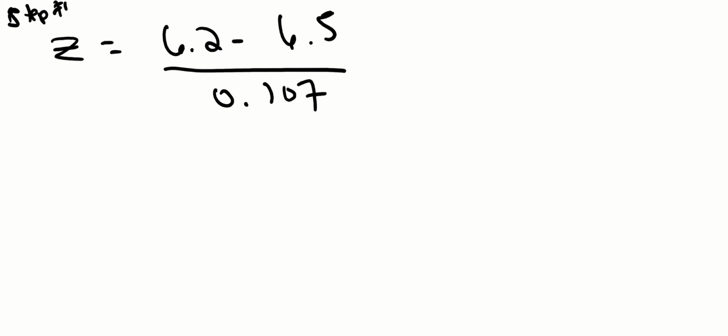This is pretty straightforward. 6.2 minus 6.5 gives a negative number, negative 0.3, and we divide that by 0.107.